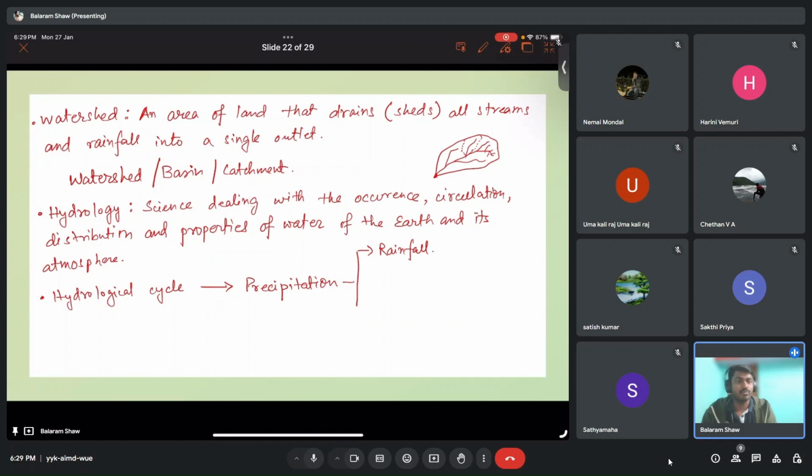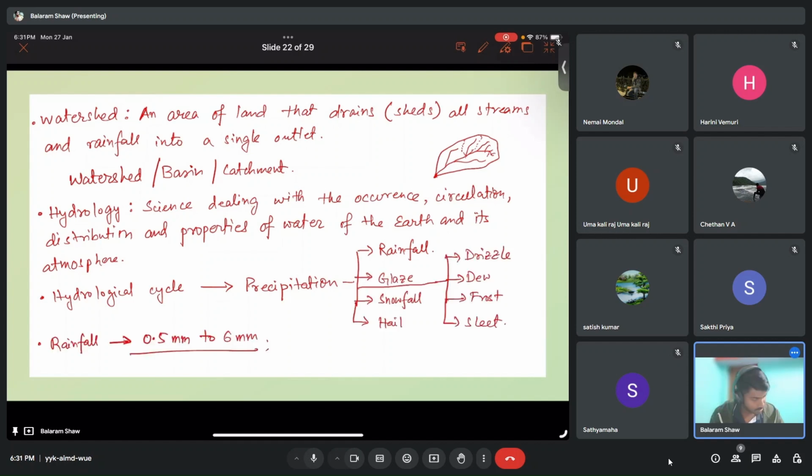Any liquid coming from the atmosphere that is less than 0.5 mm, we consider as drizzling. Drizzle is water droplets less than 0.5 mm in diameter, with intensity less than 1 mm per hour.